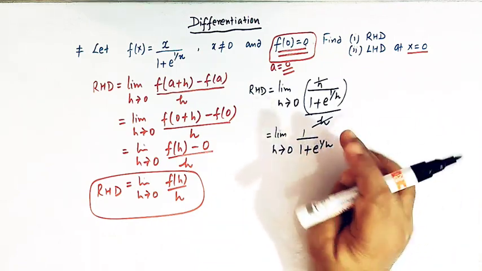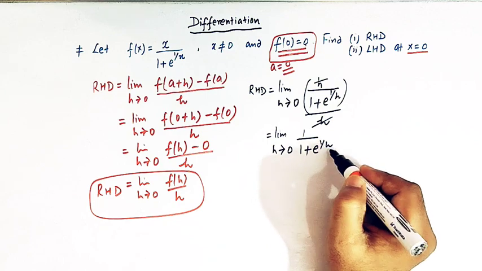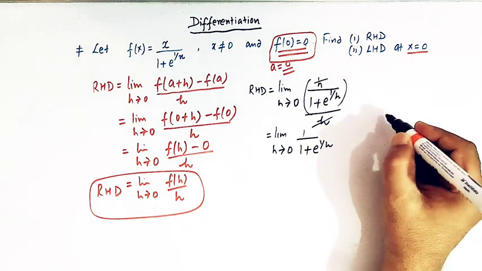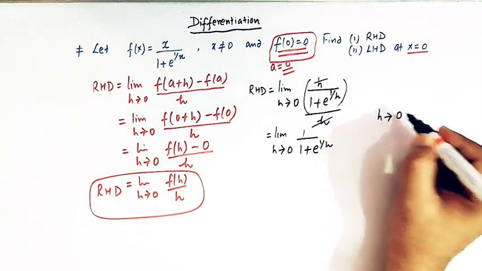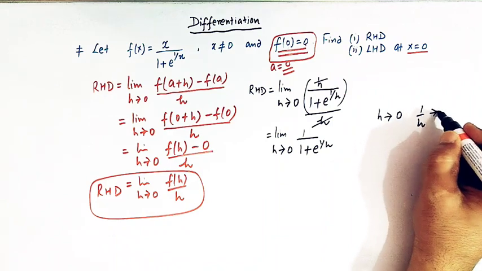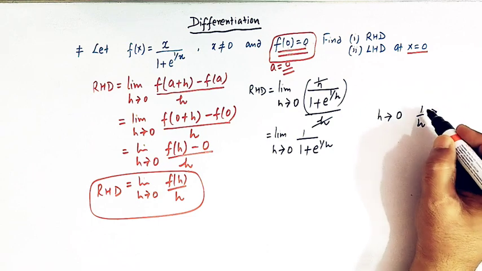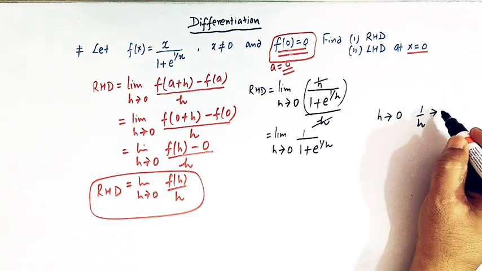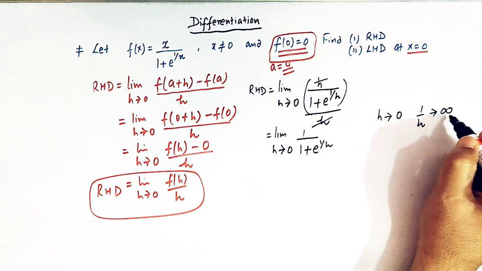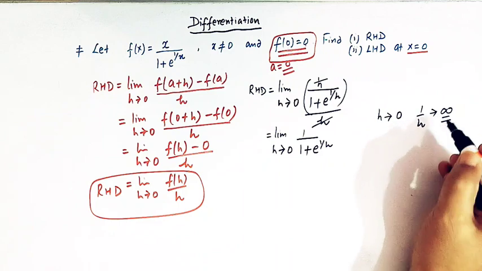Now see, we have 1 over 1 plus e raised to 1 over h, with h tending to 0. When h tends to 0, obviously 1 over h approaches a very big number, so we can write 1 over h tends to infinity.